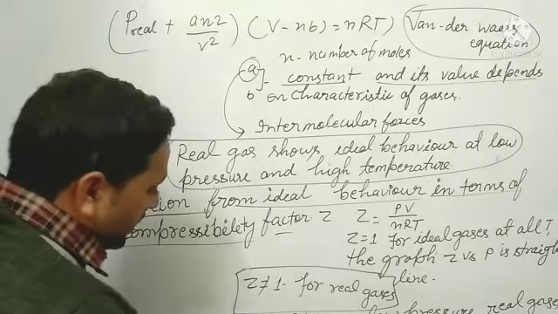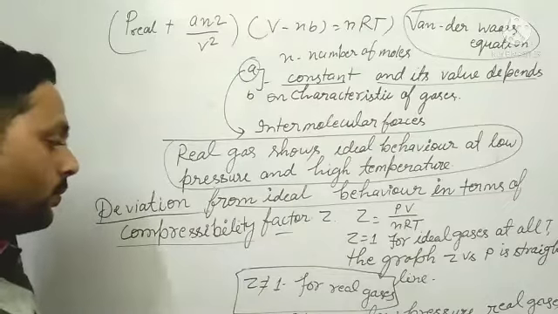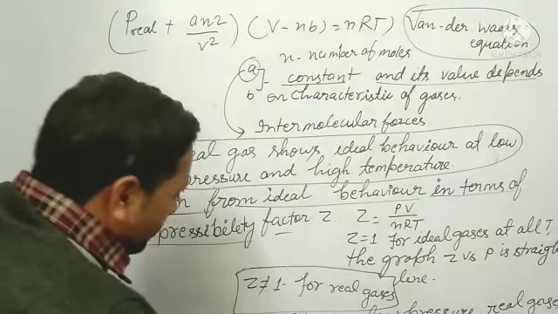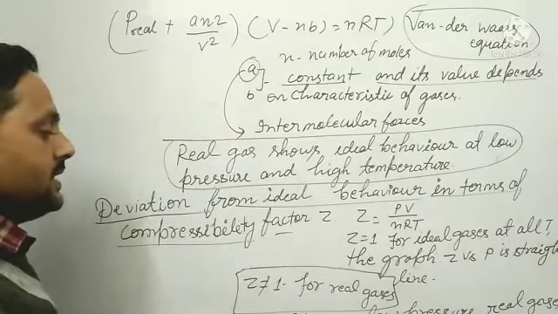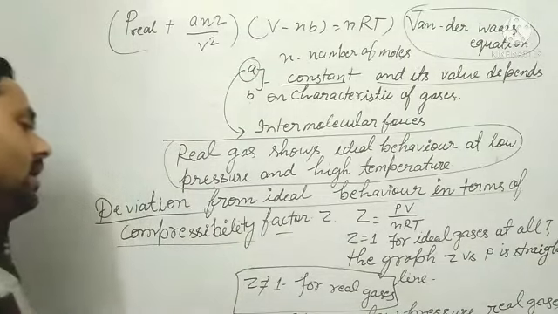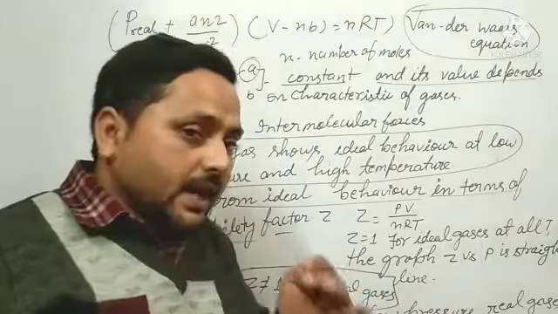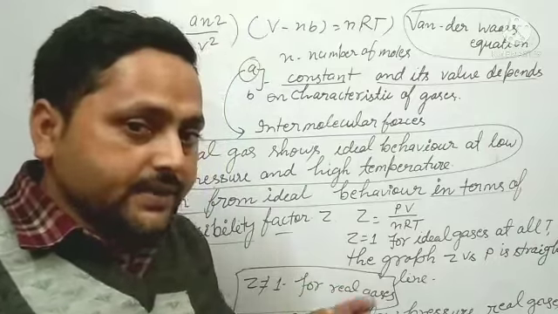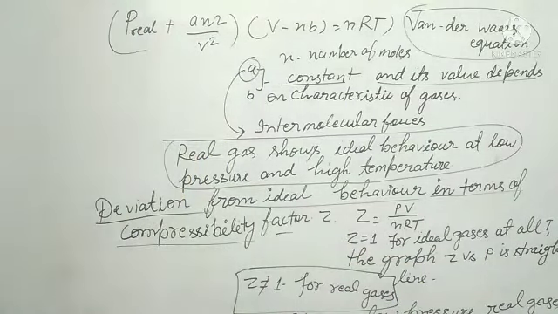Z equals 1 at very low pressure. If pressure is very low, the real gas behaves as an ideal gas, and in that case the Z value is 1.